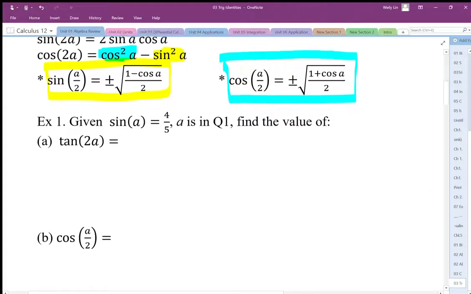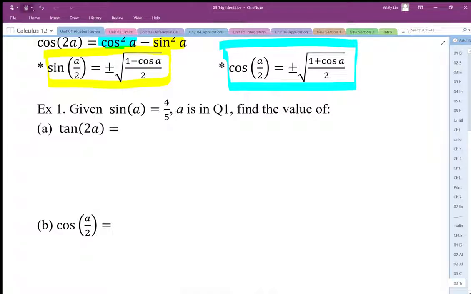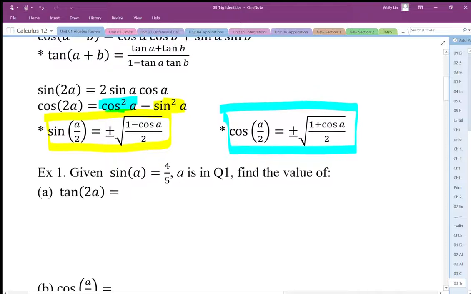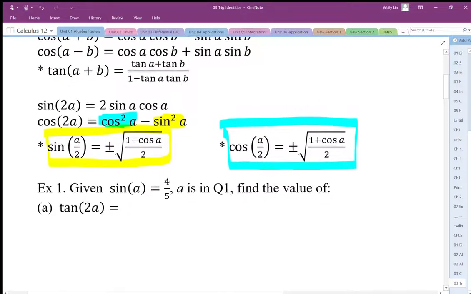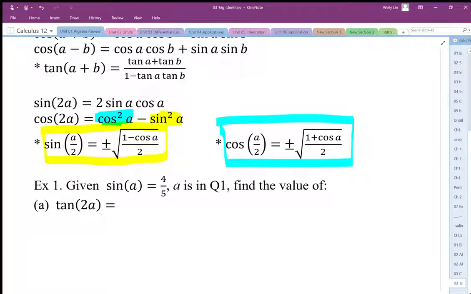So let's apply a couple of these identities. We have tan of 2 alpha. So we're going to look at these identities and figure out which one we should use. We're going to use the tan A plus B because we can rewrite it as A plus A. There's actually a double angle identity for tan, which is just based on that, but we can just use this one here.